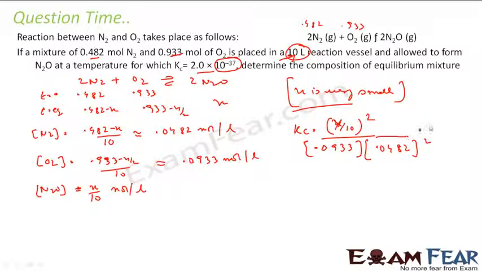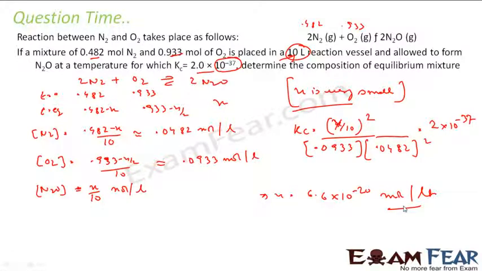And this value is given as 2 into 10 to the power minus 37. So if you solve this equation, you will get the value of x to be 6.6 into 10 to the power minus 20 mole per liter.